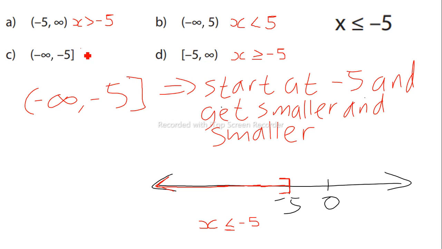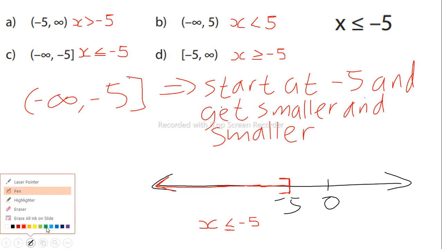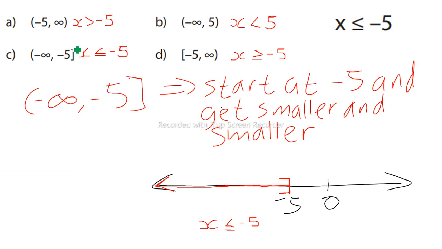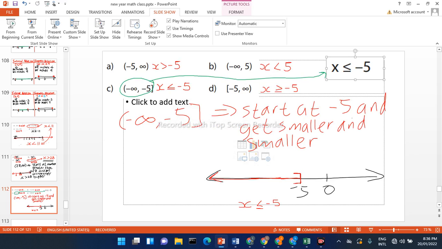The associated inequality for this one is x is less than or equal to -5. That means the correct answer here is C, the interval notation that corresponds with this inequality. Okay, that's great. So let's continue.